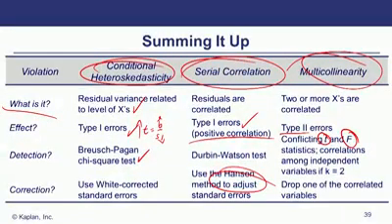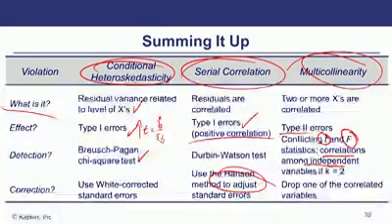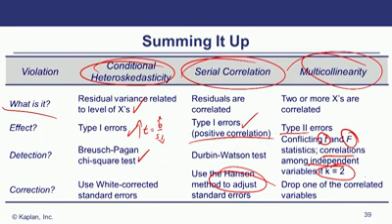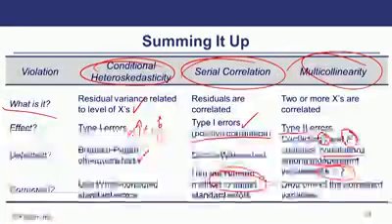We could also detect multicollinearity by looking at high correlation among the independents, but that only worked if the number of independents was equal to 2. And of course, the solution to multicollinearity was to drop one of the offenders.